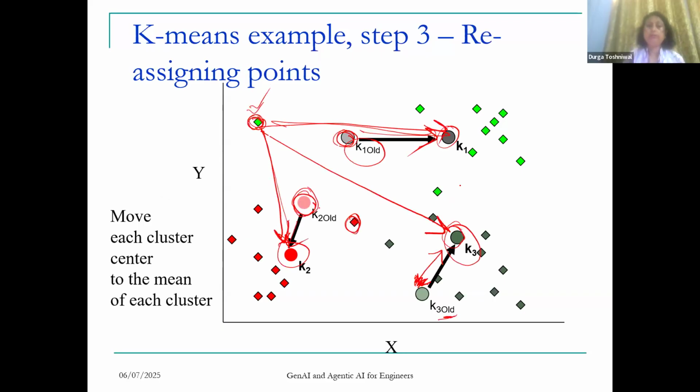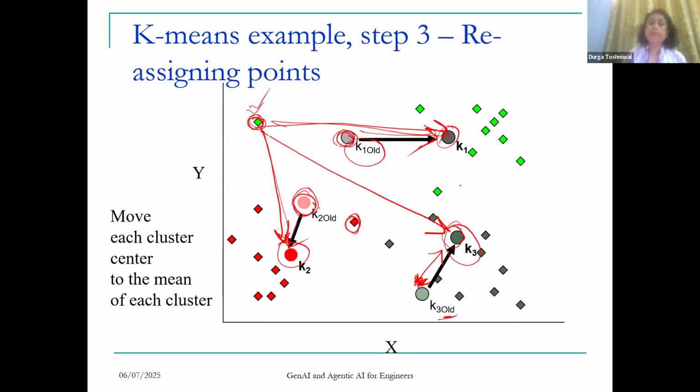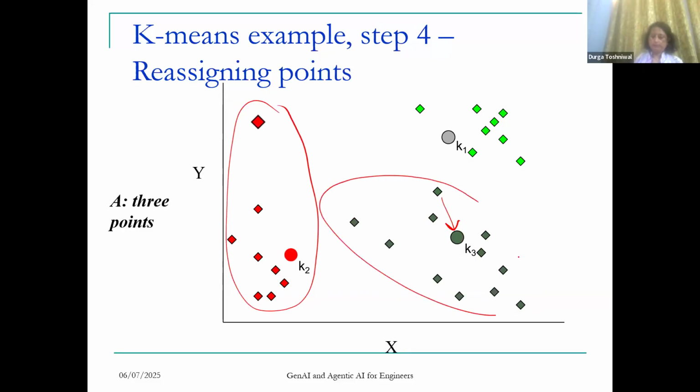And if you see here, these were the clusters. You can just look at the shapes of the clusters. And after iterating over the new means, these are the new clusters.